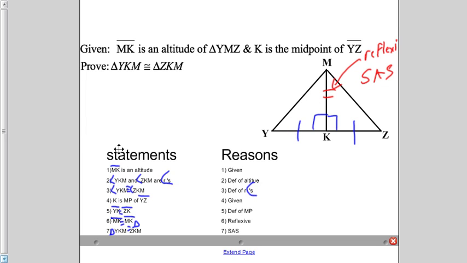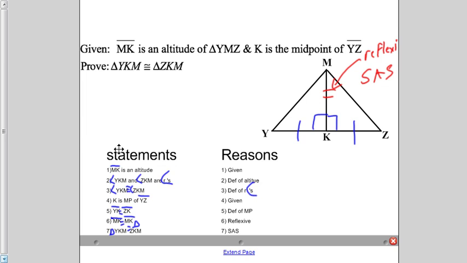Then we've got angle YKM is congruent to angle ZKM by definition of right angles. Then we've got K is the midpoint of YZ, given.